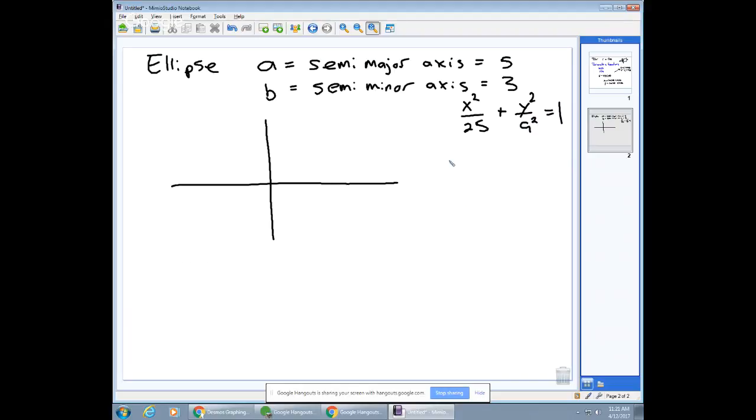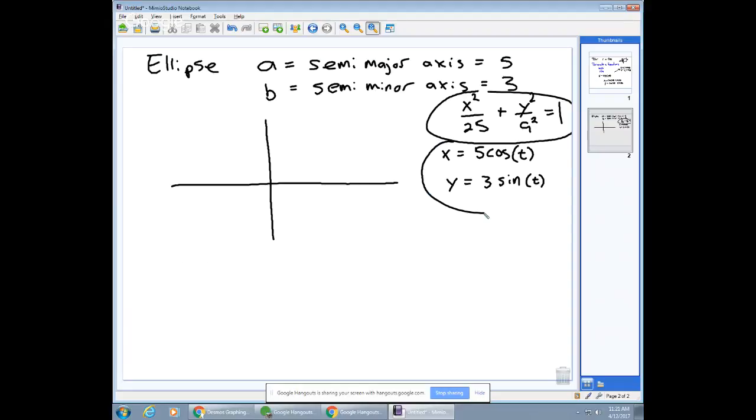The parameterization I came up with the other day, x ends up being 5 times the cosine of t, and y ends up being 3 times the sine of t. So either this rectangular equation or this parametric equation is going to give us exactly the same graph. To get the full ellipse here, I would want t to range from 0 to 2 pi to get 1 revolution.